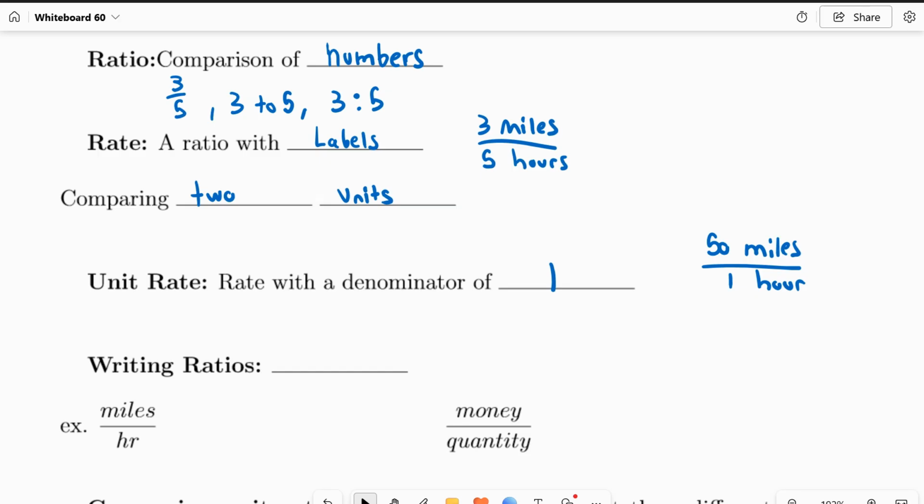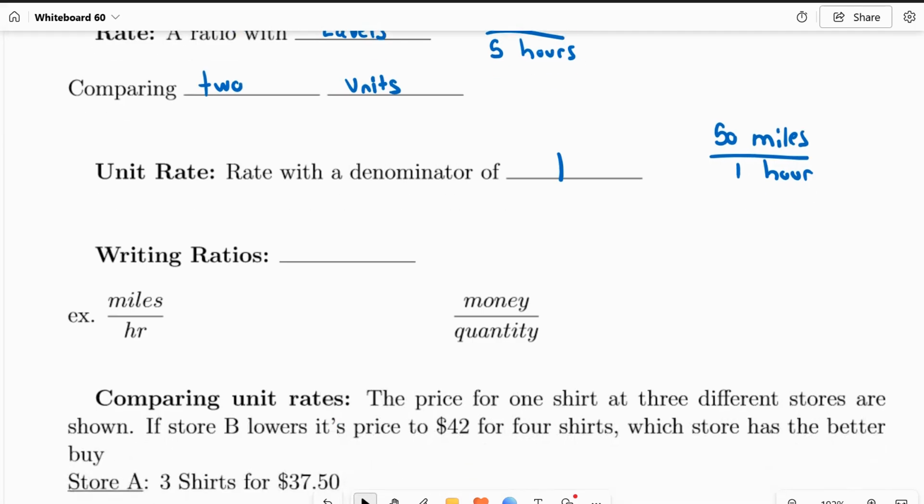So when we write ratios, commonly we are comparing a couple different things.